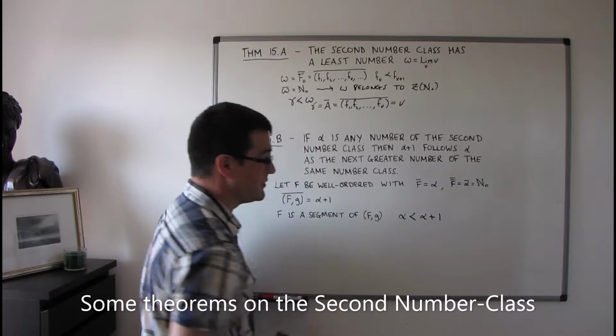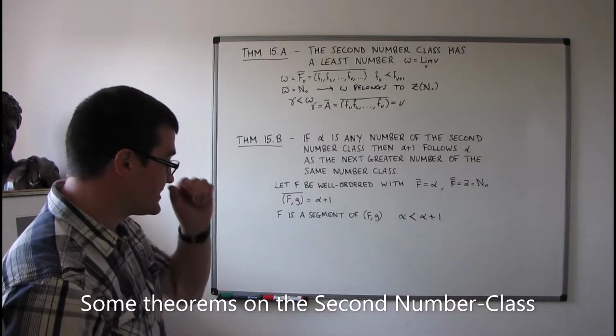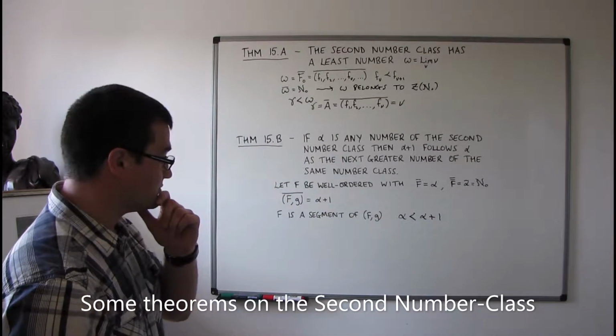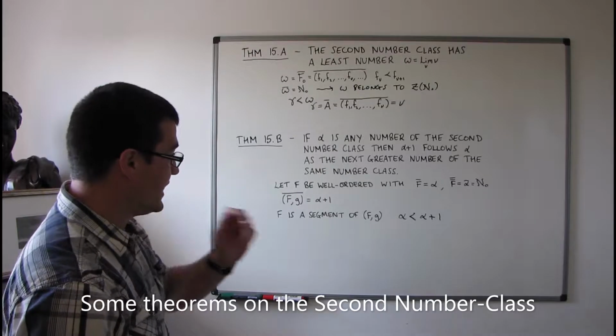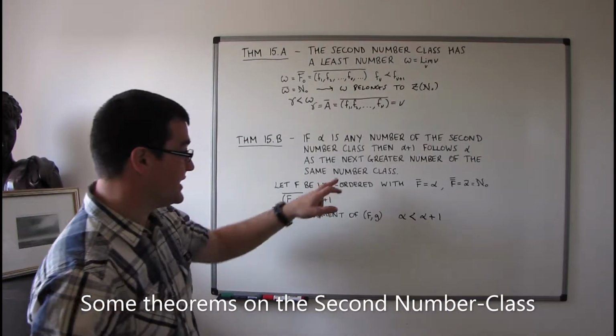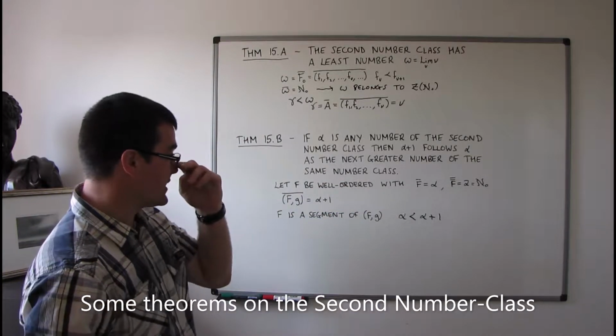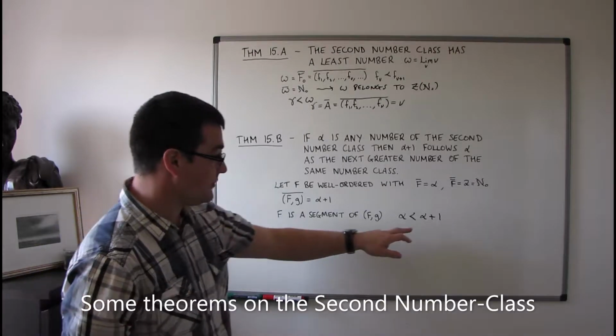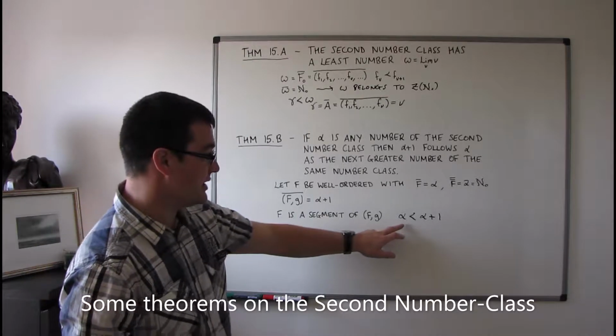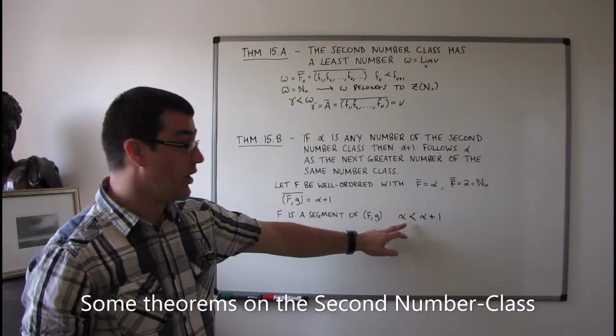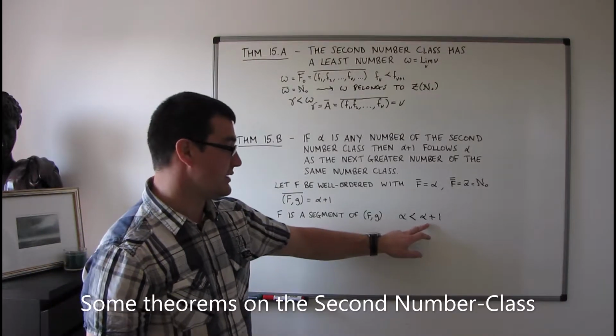That's not really much of a surprise. But we need to show that alpha plus 1 is actually in the same number class, the second number class. And we also need to show that there is no ordinal number between alpha and alpha plus 1.